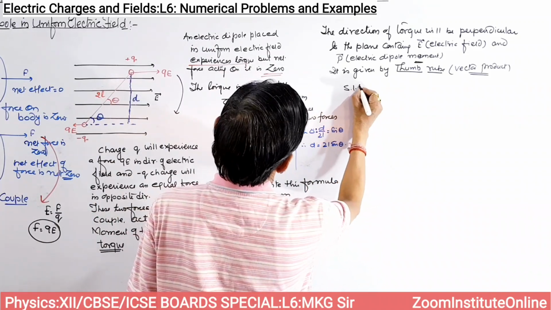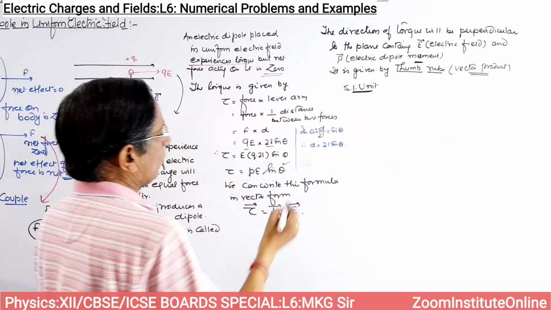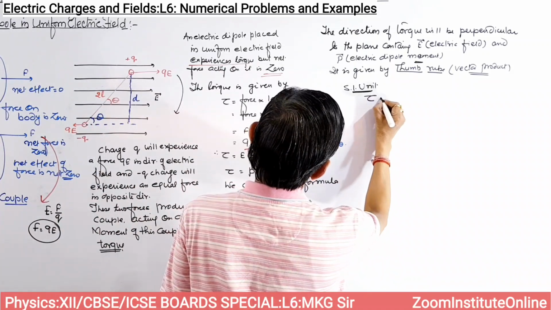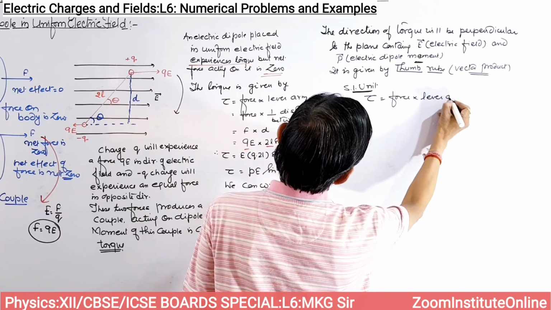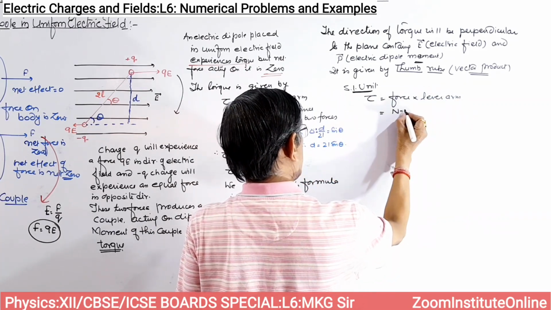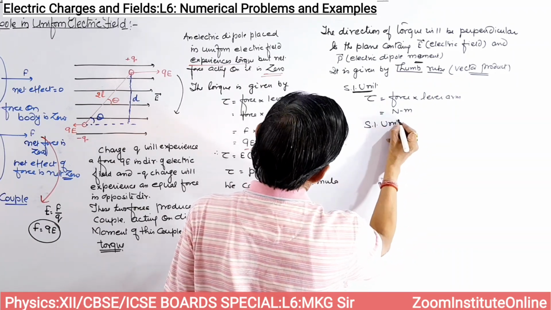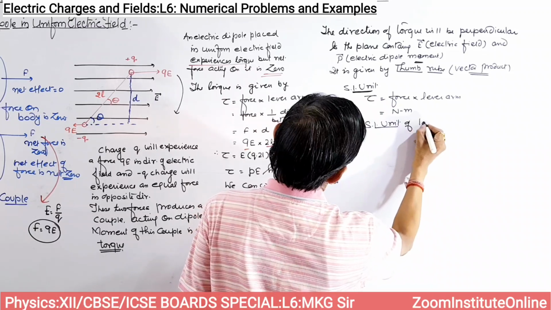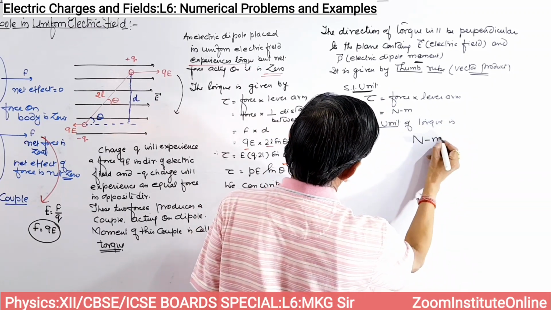SI unit. What is the unit of torque? Students, basically torque is the product of force with what? Lever arm. The unit of force is Newton, the unit of lever arm is meter. So the SI unit of torque is, students, what? Newton meter.